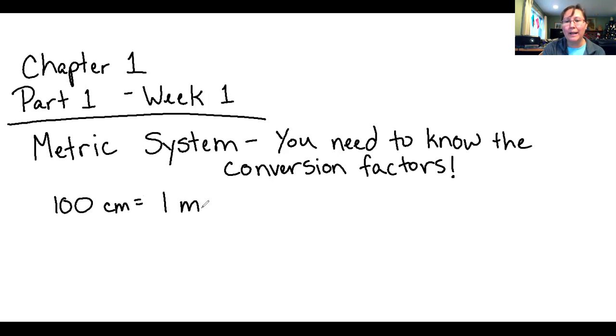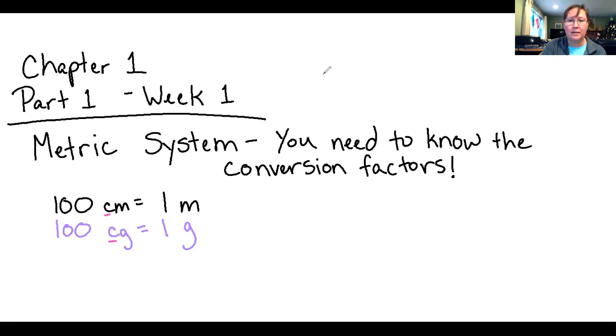Okay. Now, the way the metric system works is that you could also say that there are 100 centigrams in 1 gram. The number goes with the prefix. It doesn't matter what your base unit is. Meters, grams, those are base units, and it doesn't matter what those are.